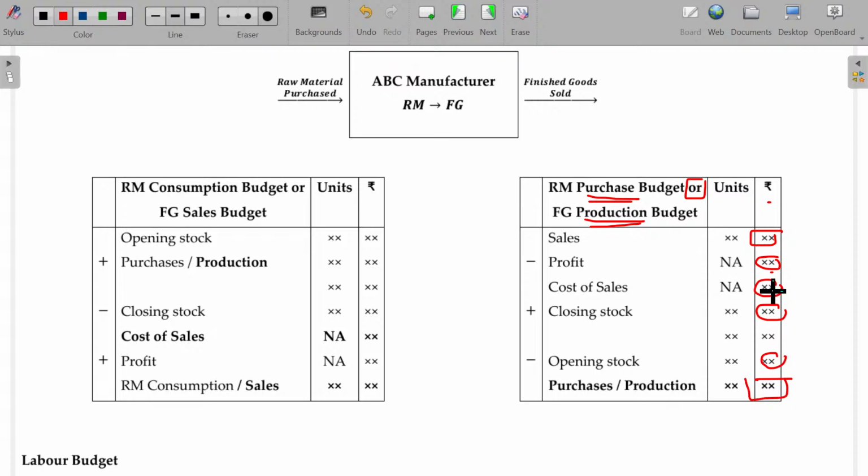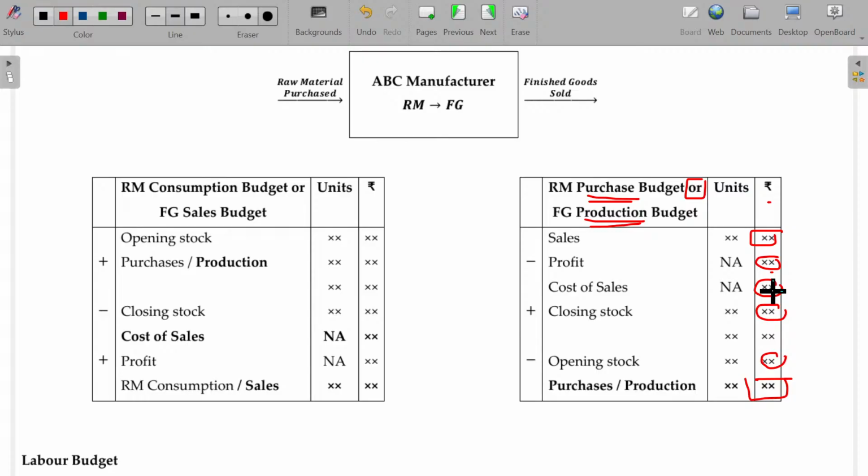If you are a trader, you purchase and sell. But if you are a manufacturer, you produce and sell. So the purchase budget is equated with the production budget. Clear? Hope you are now able to understand these two. So the raw material purchase budget is similar to the finished goods production budget.